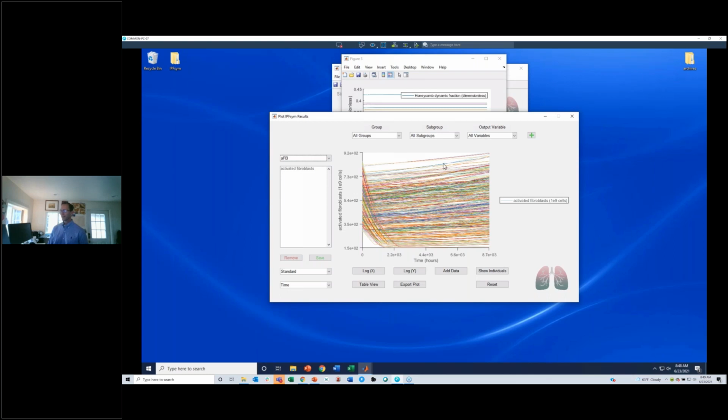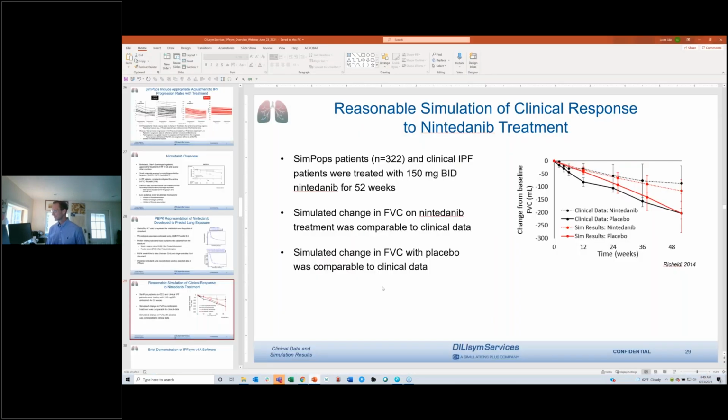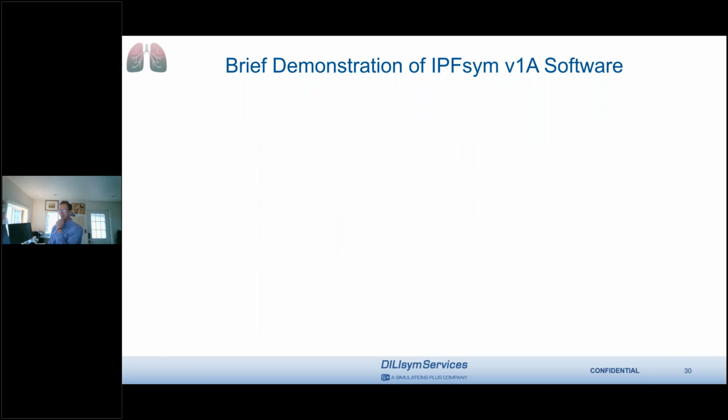And, of course, we're able now to peel back the layers of the onion and understand even better, if warranted, what is driving the differences between the substantial responders and the lower responders. So that's a brief demonstration. Let me return now back to the slides.